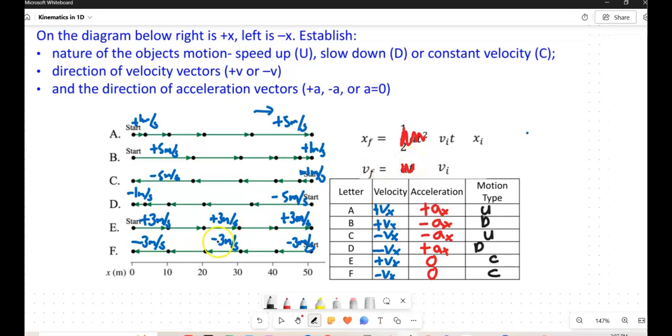Similarly, while moving to the left here, your velocity vector is going to be negative in both cases. But you started out at the positive 50 meter mark position. So again, this is a linear fit to a position versus time graph.